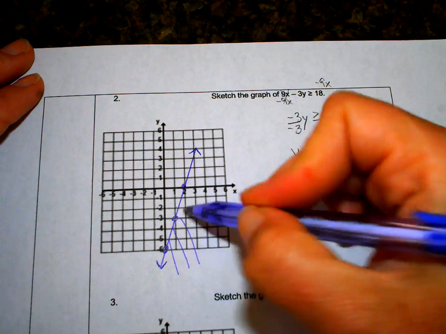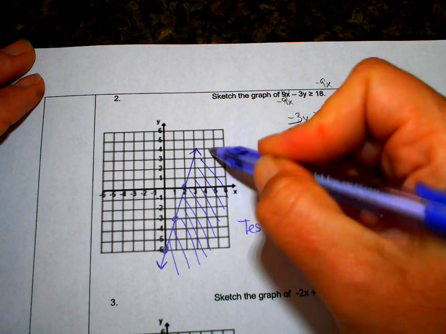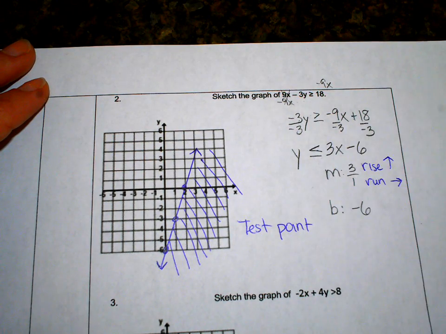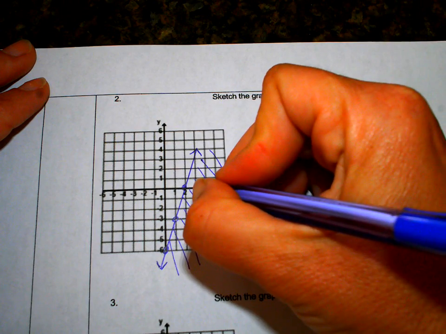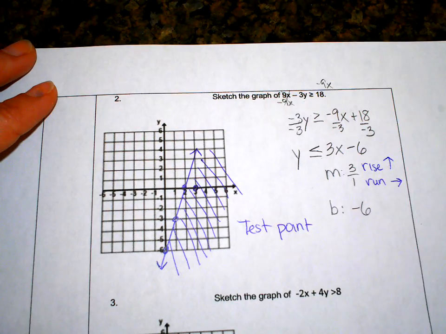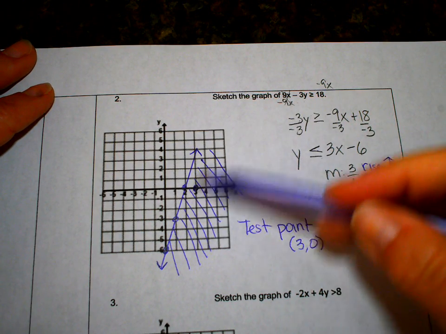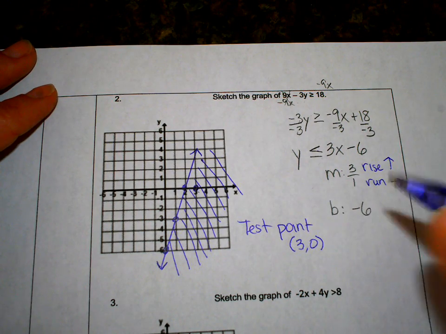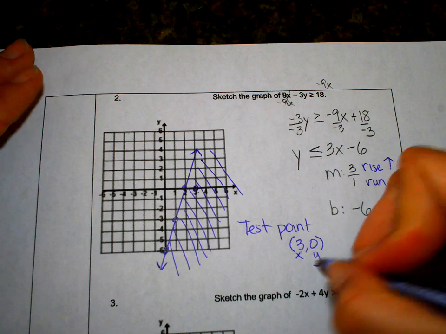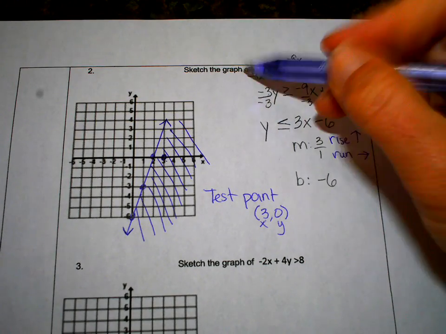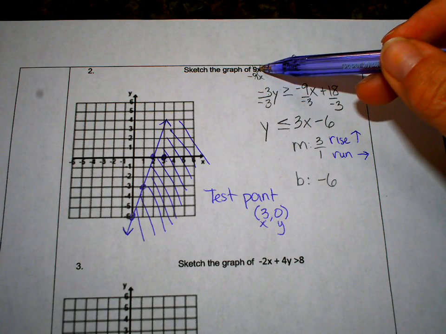But if I didn't know, let's talk about this test point idea. I'm going to pick a point where I think, how about just like this point, 3, 0. I think that 3, 0 is supposed to be in the shaded area, and I'm going to test it. So here's my x and my y, right? So I'm going to do my original equation, and instead of x, I'm going to plug in 3.